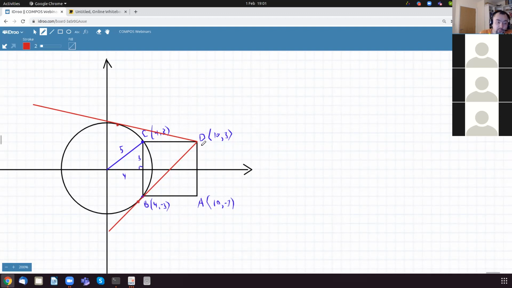I know one point. So if I find the gradient, I will be able to find the equation of the line. And also, if I have the gradient, I will be able to find the angles, because if you remember, the gradient is the tangent of the angle between the line and the x-axis.